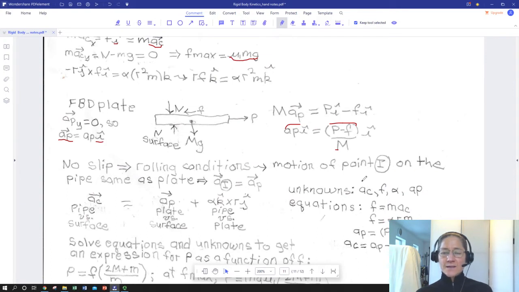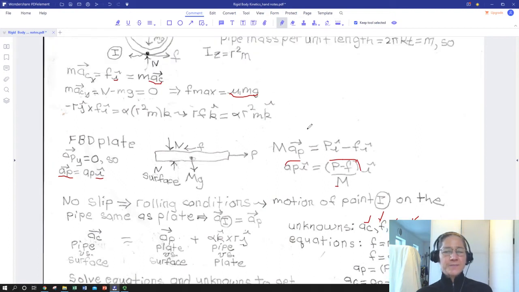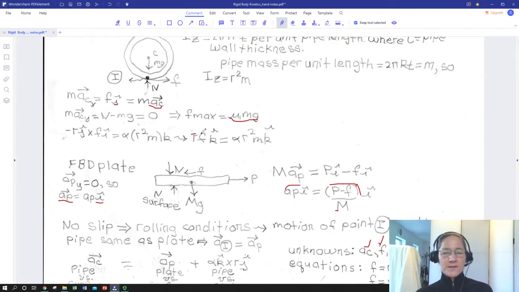Okay, so the unknowns are the acceleration of the center of mass of the pipe, our frictional force, our rotational acceleration of the pipe, and the acceleration of the plate below it. So we have 4 unknowns. And how many equations? We have this equation coming out of the sum of the forces for the plate. We have this one coming from our Euler's second law application for the pipe.